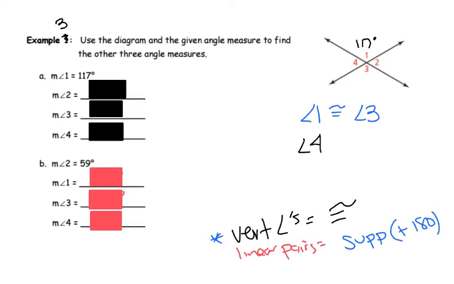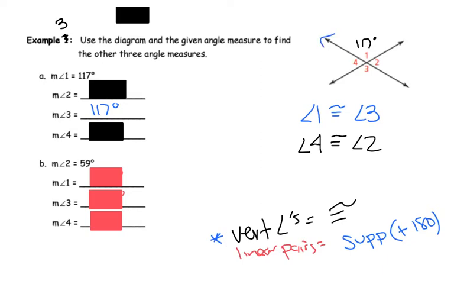Angle 4 would be vertical with angle 2, so therefore they're congruent. So, in saying that, if I know that angle 1 is congruent to angle 3, then I know angle 3's got to also be 117 in this case. So to find the other two angles, though, we can create linear pairs here.